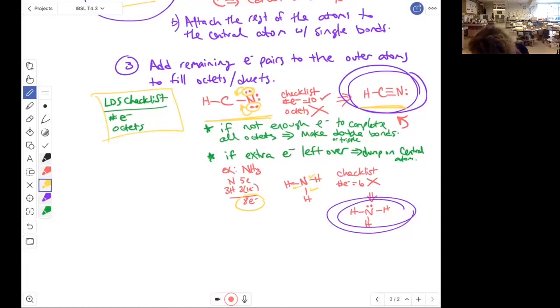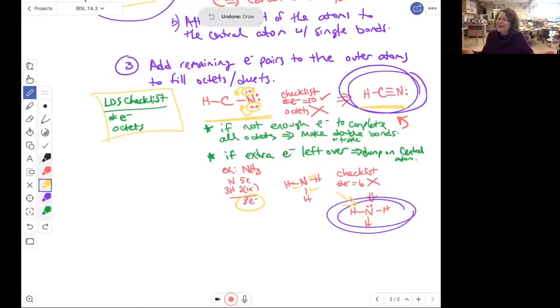Okay, and so that is what we did here. So you can see I dumped 2 more electrons right on top of that nitrogen. And by doing that, now nitrogen has 2, 4, 6, 8 electrons. It has its octet. Every hydrogen has 2, 2, 2, right? They're all happy with their full octet or duet.